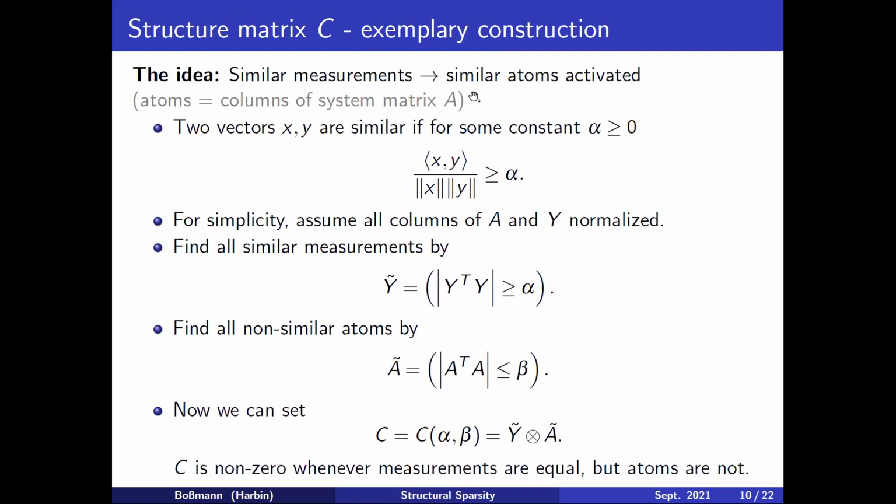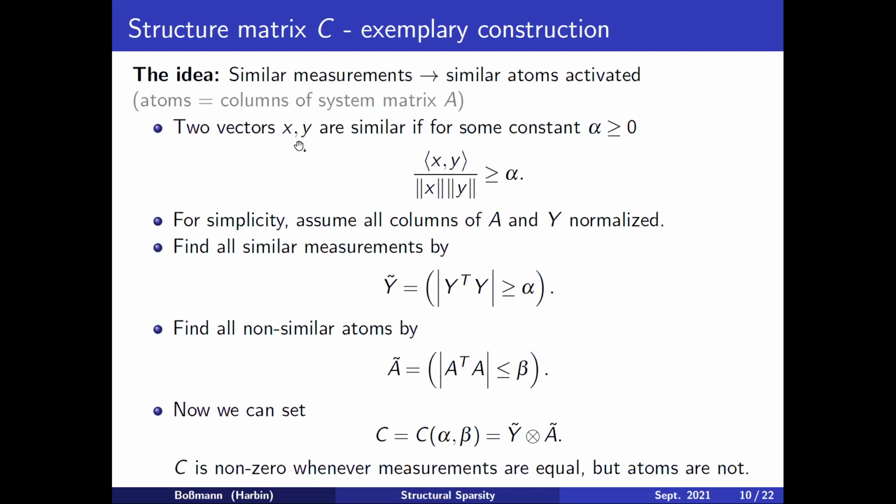And to understand the idea we have here, you can say if we have similar measurements, so measurements that may look quite similar, then you also want to use similar atoms, or similar columns of your matrix A, to represent those measurements. What do I mean by similar?